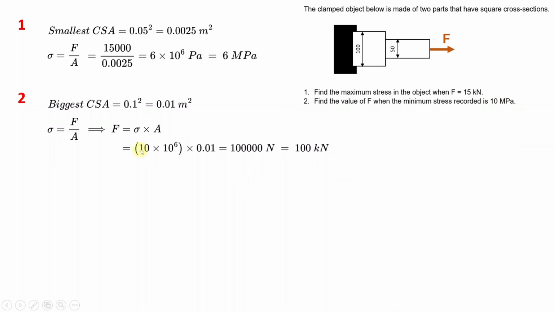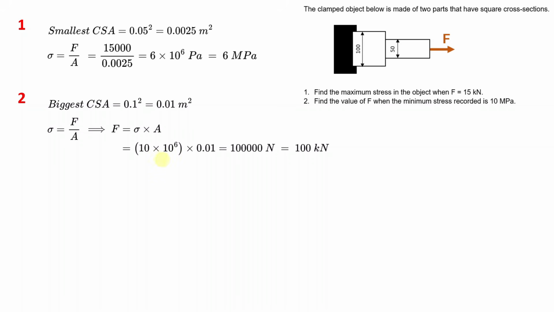So when I'm plugging in the numbers, I need to do 10 times 10 to the 6 because that is what mega is, okay? Don't forget to do that. I've seen students just plugging in 10 and they forget that it's written 10 megapascals. Because it's 10 megapascals, you need to write 10 multiplied by 10 to the 6. It's not just 10 because the SI unit for pressure and stress is pascals.